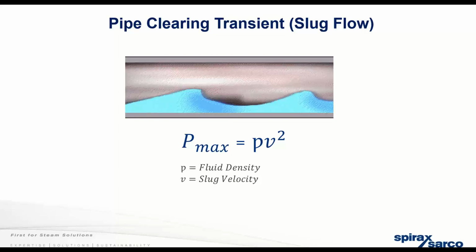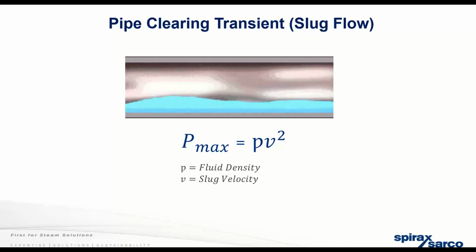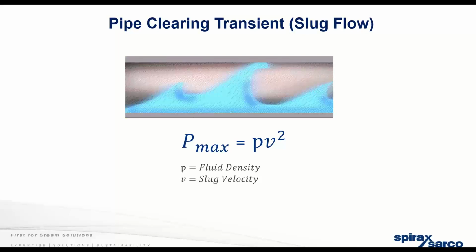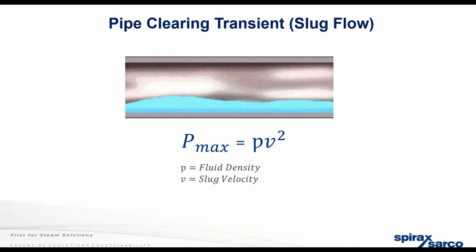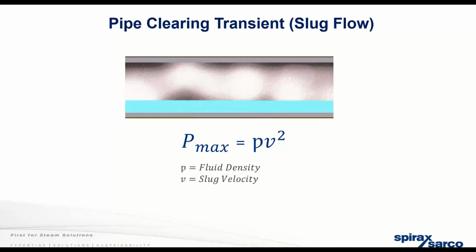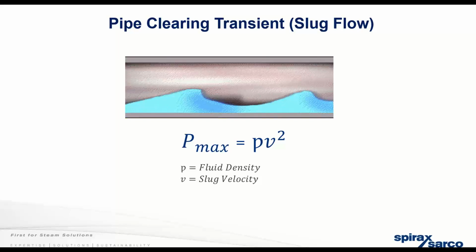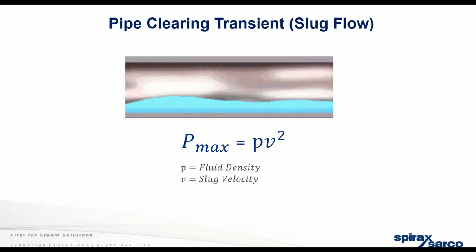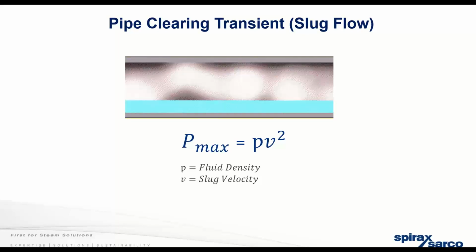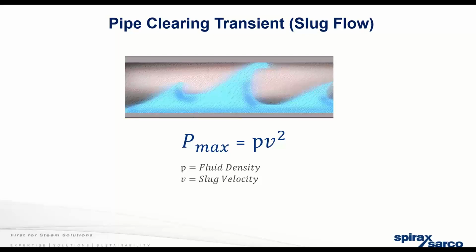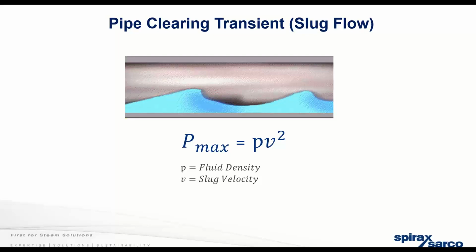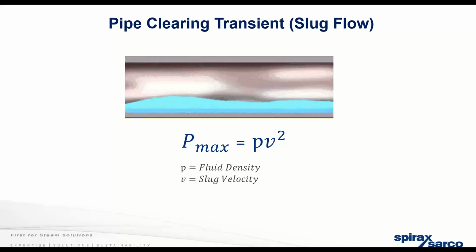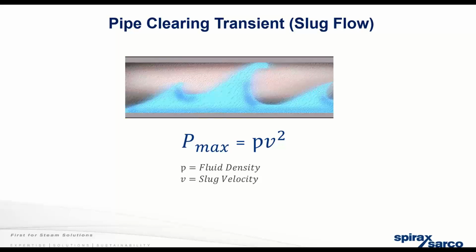But as soon as it does, we create a slug flow that grows at the velocity of the steam in the system. We can approximate this impact force at the first elbow, first valve, or first stop as impact pressure Pmax equals rho V squared, where rho is the fluid density of water and V is the slug velocity.